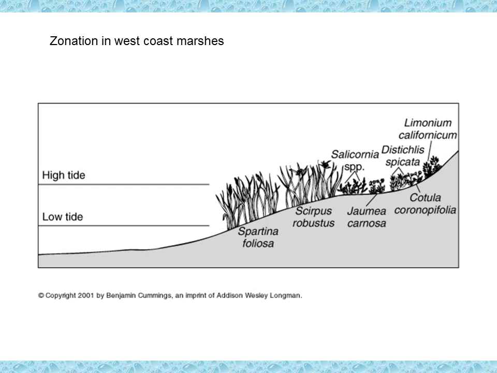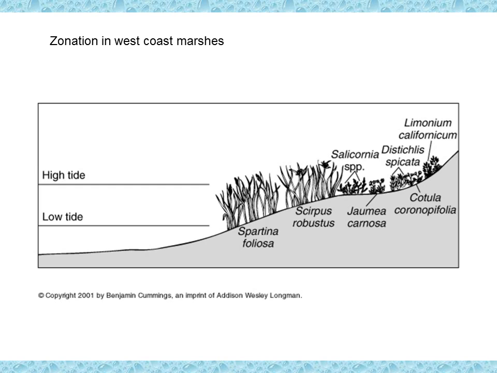And then if we go all the way to the west coast, we see different species: Spartina foliosa, Scirpus robustus, different Salicornia species, Jaumea species, Distichlis spicata, and Limonium californicum.